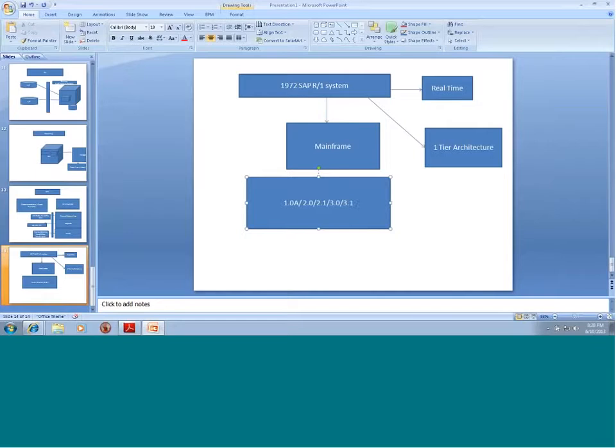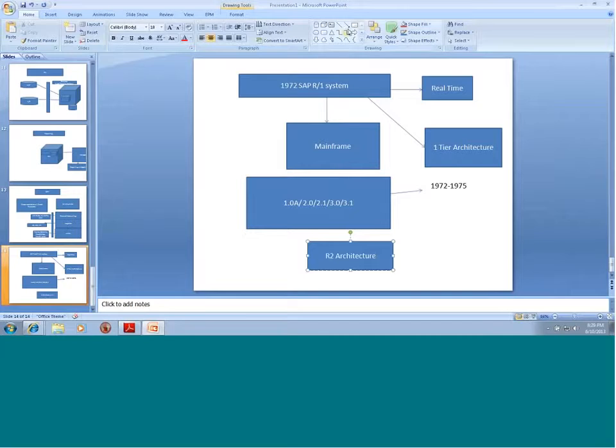So these are the different versions of the SAP R1 system that were available in the market, I'm talking about a time frame of 1972 to 1975. And then later SAP moved into a different architecture. So what they did is they looked at the flaws with the R1 system, and they wanted to slowly move into a different architecture called R2 architecture.